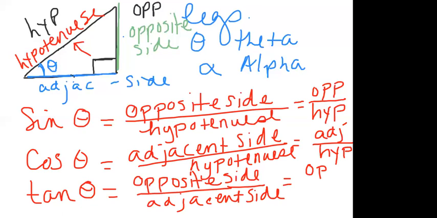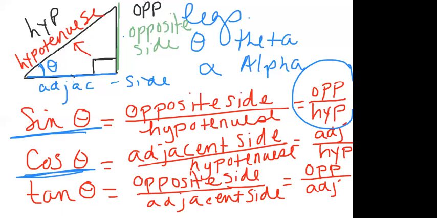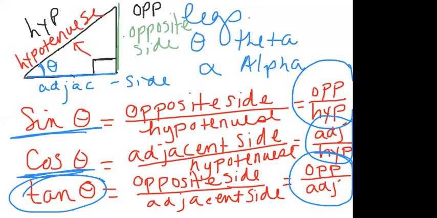Now, those are your three basic trig identities. Sine theta, which is the opposite over the hypotenuse. Cosine theta, which is the adjacent over the hypotenuse. And then tangent theta, which is the opposite over the adjacent, guys.